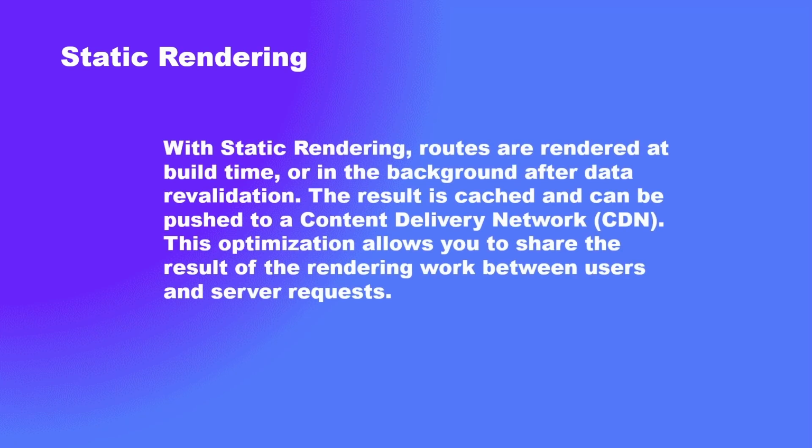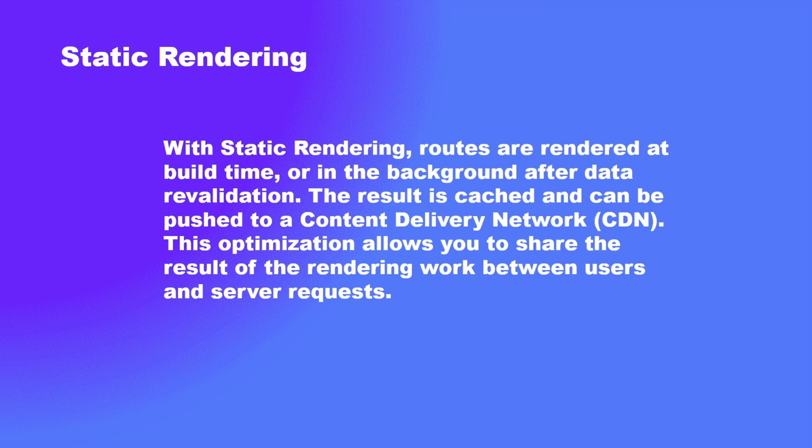First, static rendering. With static rendering, routes are rendered at build time. So all the files will be created at build time, either at build time or in the background after data revalidation.